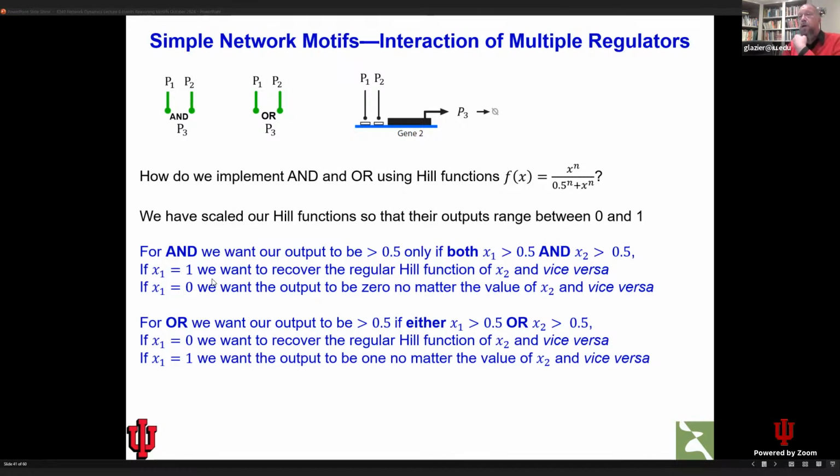If x1 is 1, we should get our regular Hill function for x2 and vice versa. If x1 is 0, we should get a 0 no matter what. For an OR, if either x1 or x2 are bigger than a half, we should get the output being turned on. If x1 is 0, we should get our regular Hill function. If x1 is 1, the output should be 1 no matter what.